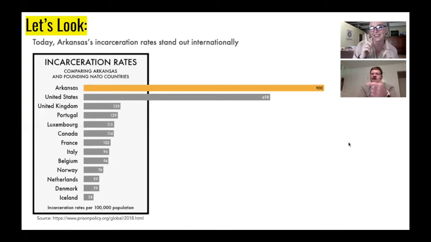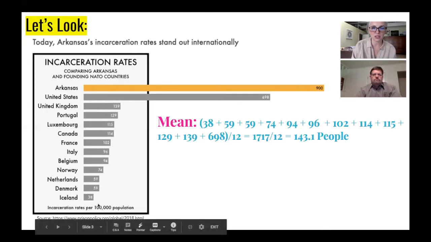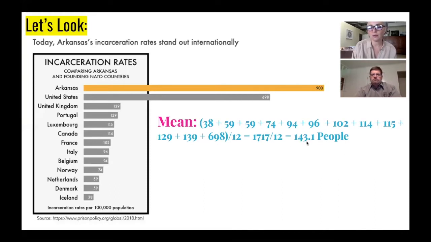How did you notice the color match? And this is what you're saying about the units needing to align. We can only really compare countries. Yes. So if I want to find the mean, I add up all of these incarcerations per 100,000 people, and then I should really have put 143.1 per 100,000 people.